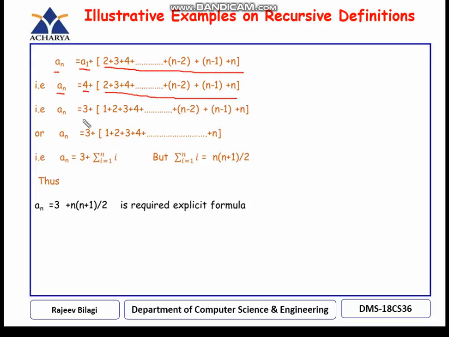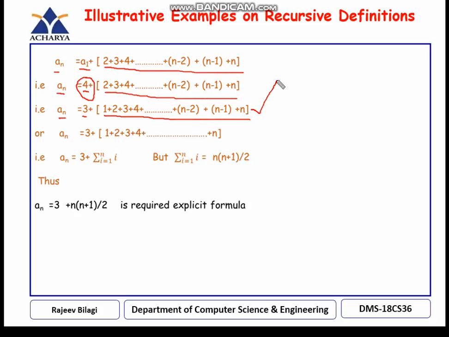Now an is equal to, I can write this 4 as 3 plus 1. So I get 3 plus, with 1 extra, 1 plus 2 plus 3 plus 4, and the remaining part as it is, plus n minus 2 plus n minus 1 plus n.